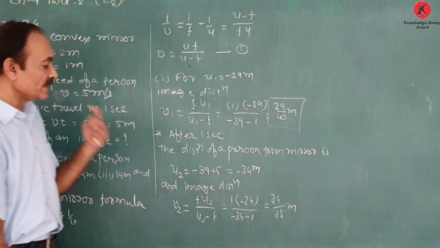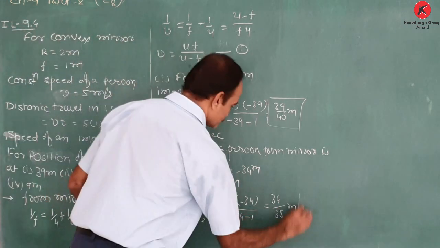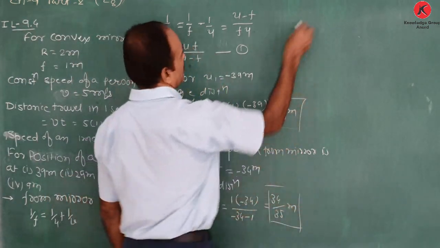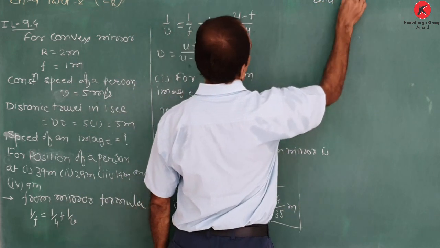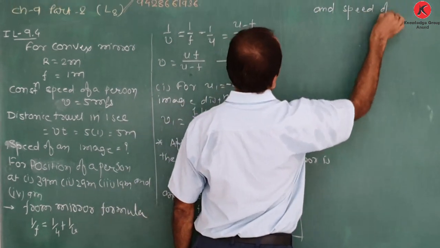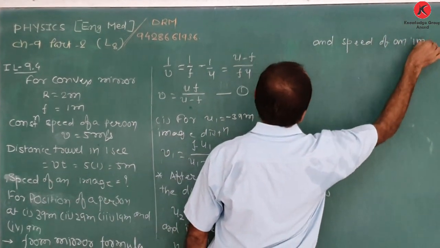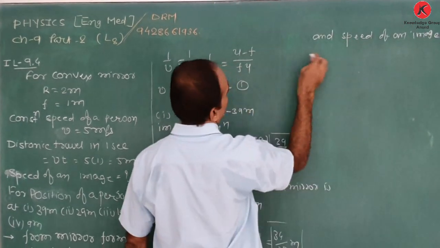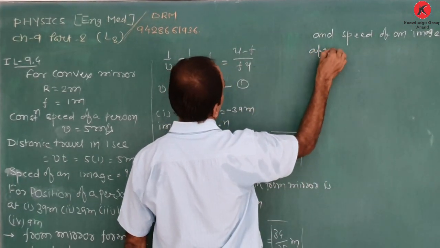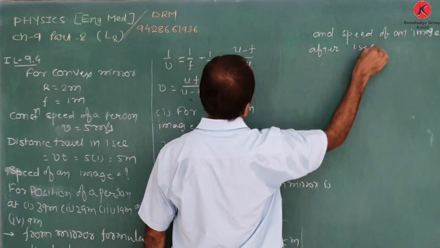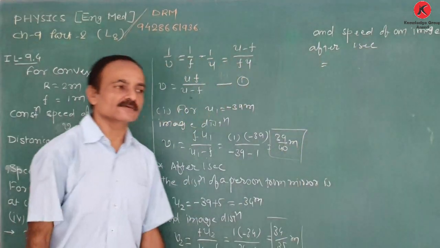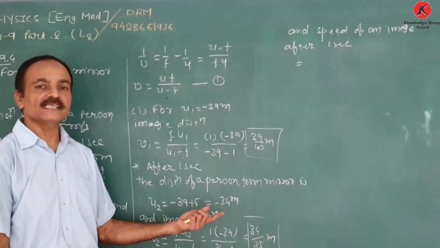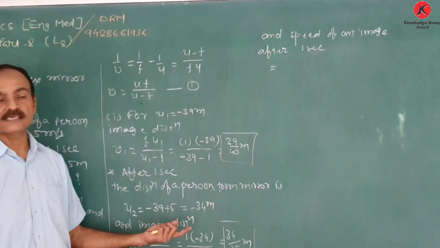Therefore, what is the speed of the image after 1 second? We know that speed is equal to the change in position upon the total time interval.